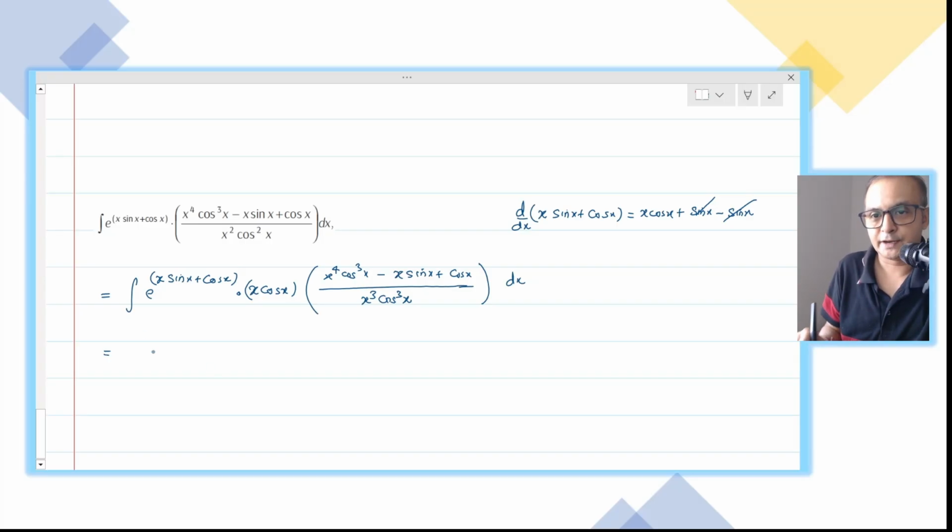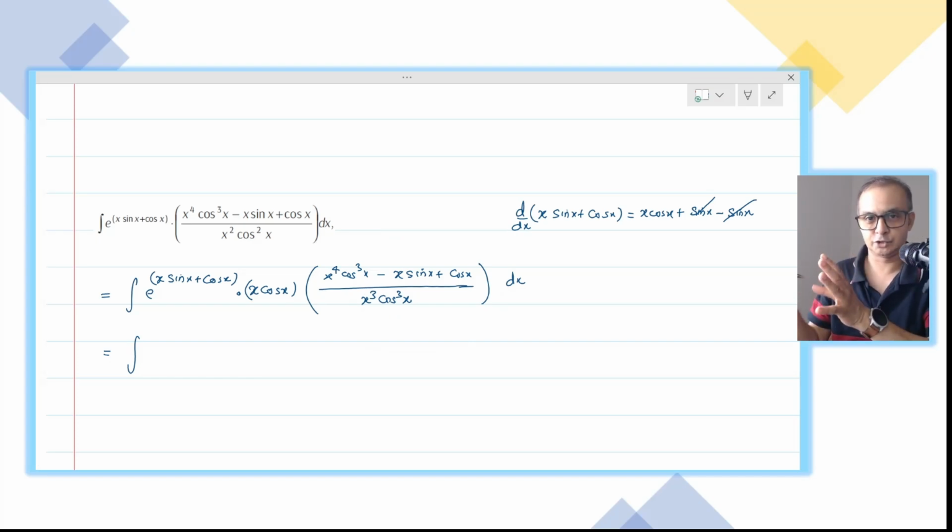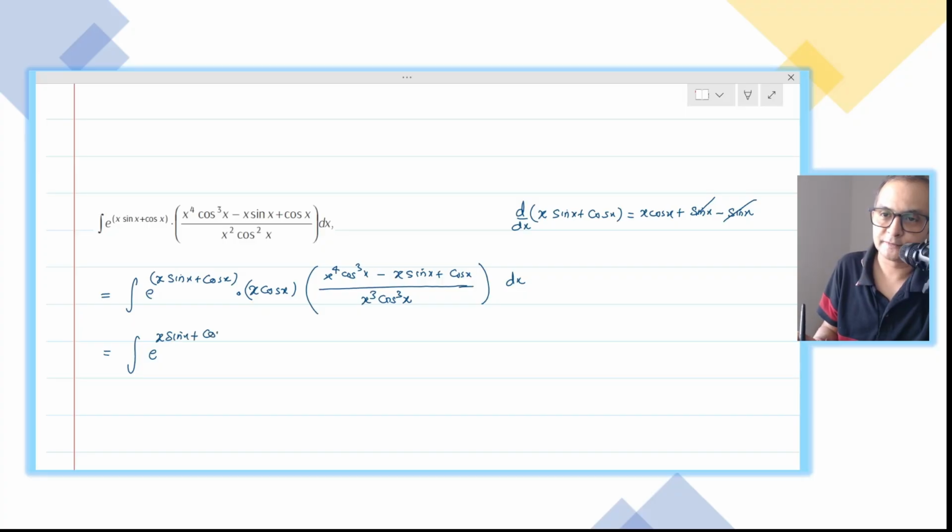So after that, what I actually need is one g(x). This giant g(x) we cannot take, because our structure is to convert into two parts. So I am writing this x sin x plus cos x as it is. Of course, I'm writing this in hope that this will work, and this I'm separating.